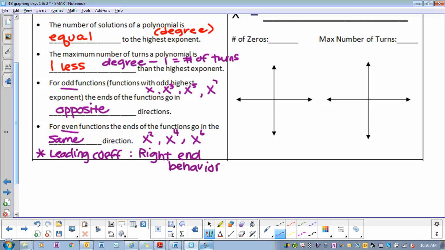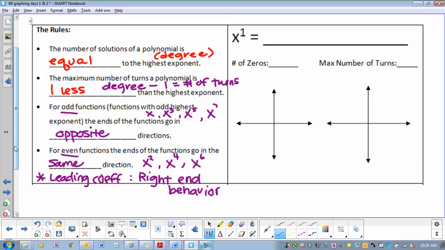It always gives you the right one. And then from there, you can see, okay, am I supposed to get opposites or am I supposed to get the same? And you'll see it a little bit more with these examples, okay?